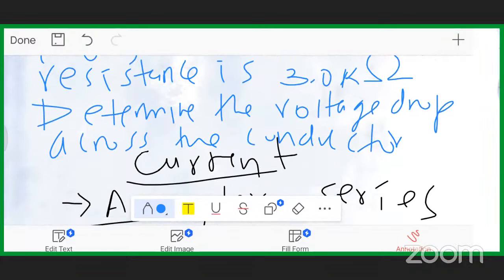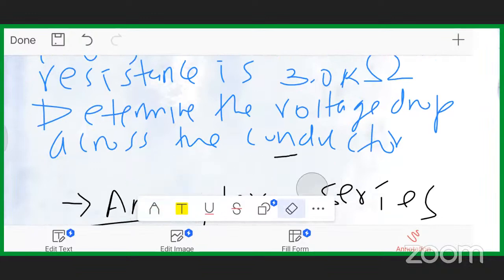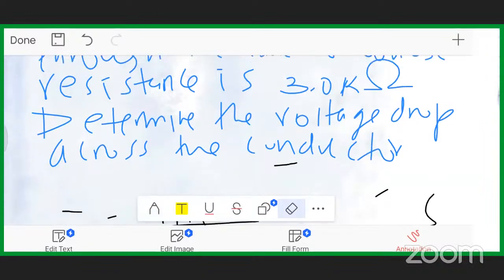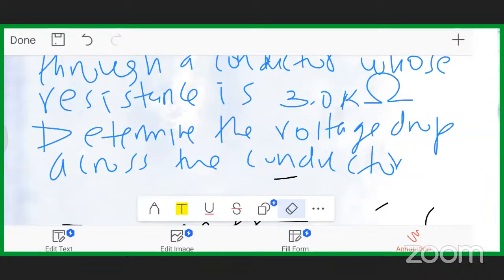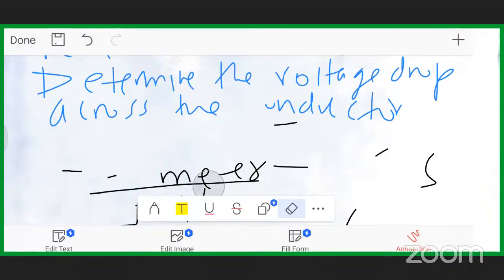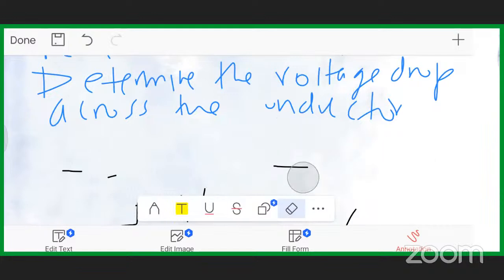Yeah, that is a question. A current of 1.2 amps flows through a conductor whose resistance is 3.0 kilo ohms. Determine the voltage drop across the conductor. Although that conductor can be a resistive wire, I'm just being general.